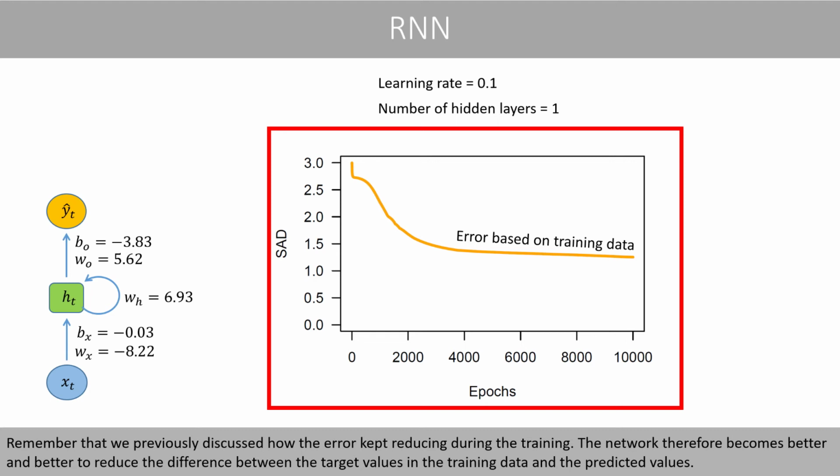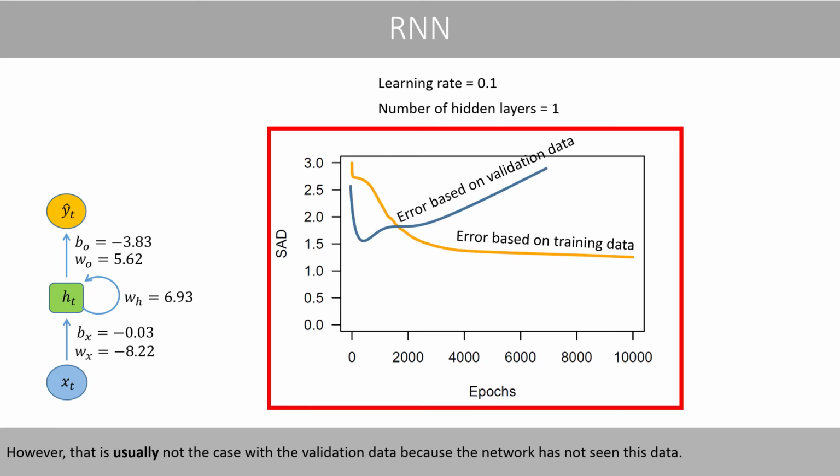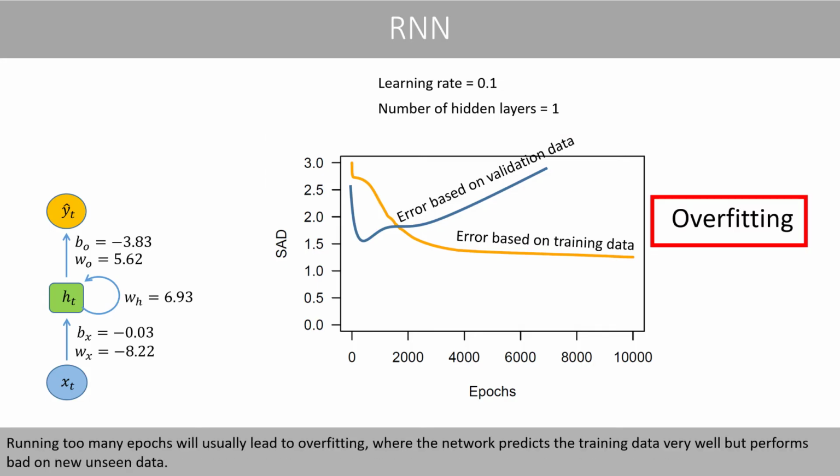The network therefore becomes better and better to reduce the difference between the target values in the training data and the predicted values. However, that is usually not the case with the validation data, because the network has not seen this data. Running too many epochs will usually lead to overfitting, where the network predicts the training data very well but performs bad on unseen data.